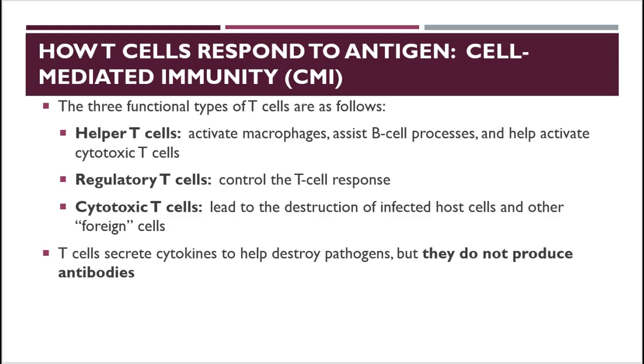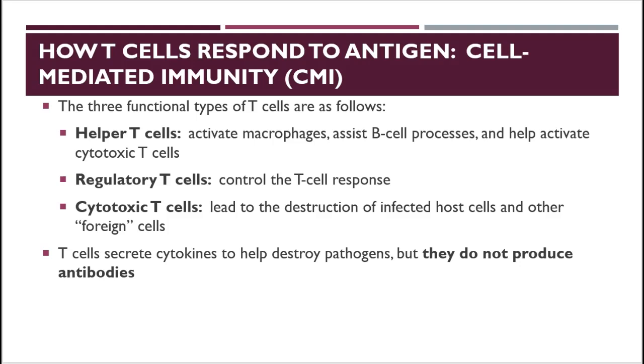We also have regulatory T cells, and these T cells help to control the T cell response so that it doesn't get out of control and then begin to cause damage to our own tissues. Cytotoxic T cells is our final type of T cell, and these T cells are able to destroy infected host cells, particularly host cells that are infected with virus.